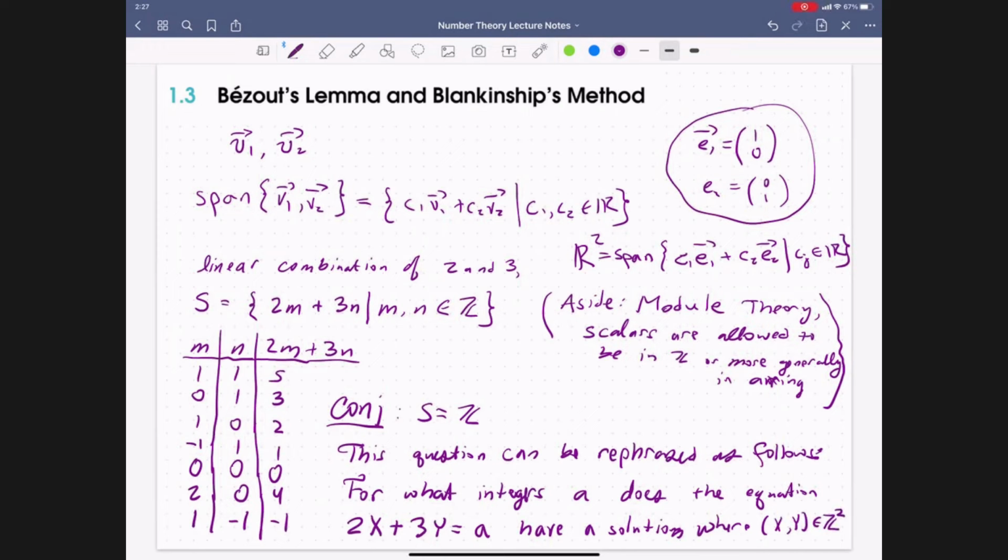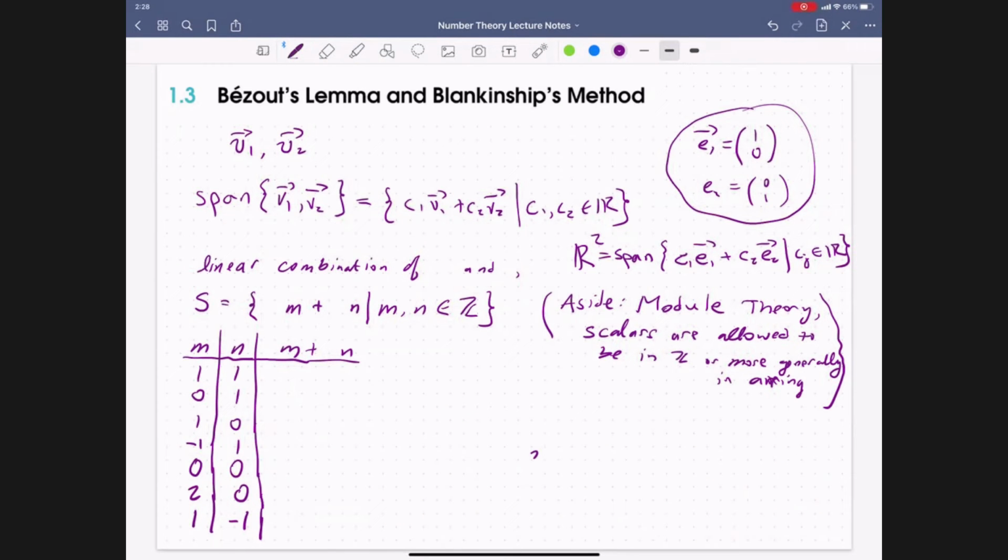And so that's one way that we can rephrase this question. We can think about it as, what is the set S? Or simply, what are the elements A appearing in the set S, but now phrased as a polynomial equation?